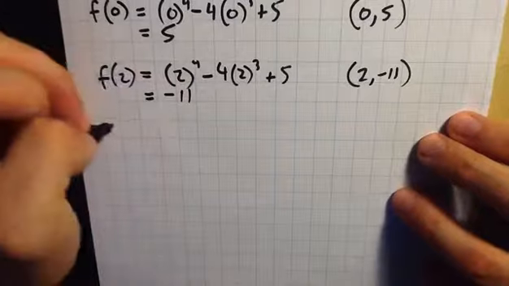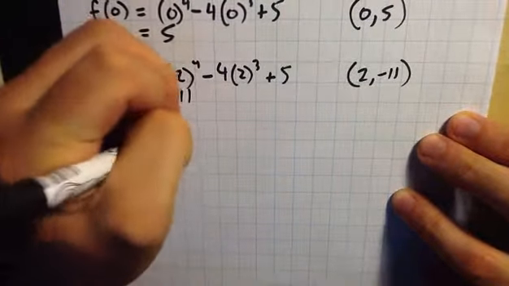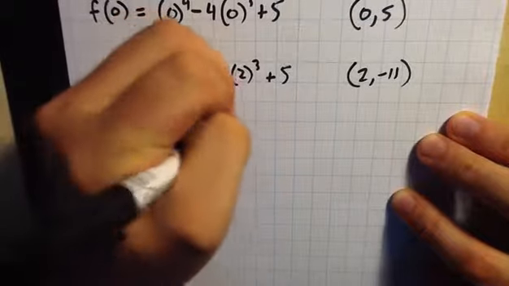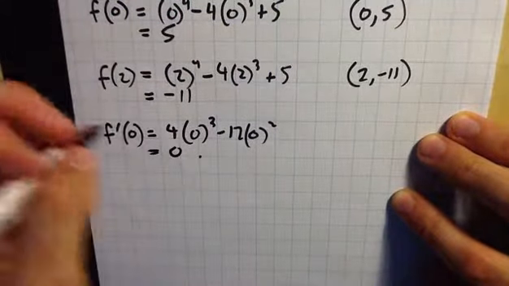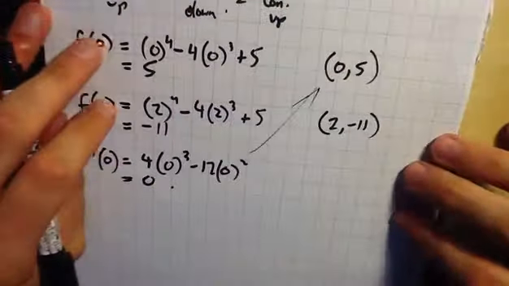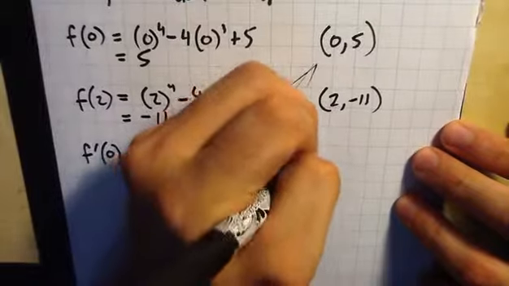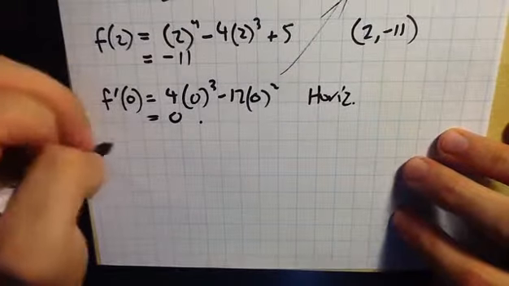So what I do is I sub 0 into the first derivative. That's going to be 4 times 0 cubed minus 12 times 0 squared. You can see that gives me an answer of 0. So therefore, this point here is a horizontal point of inflection, because the first derivative equals 0.